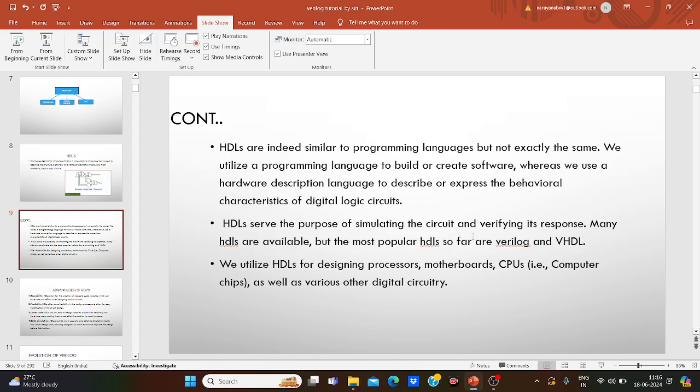Whatever language we learn should be useful for us, is it or not? When you go into the real-time field and apply what you are learning, it will be useful. If it is not useful, then what is the use of learning a language?